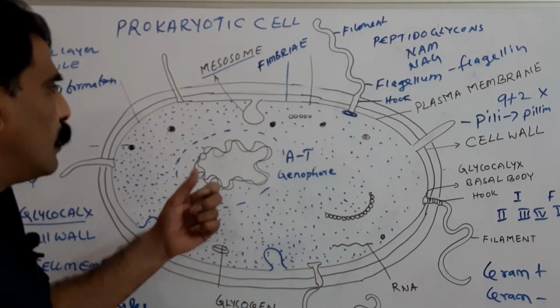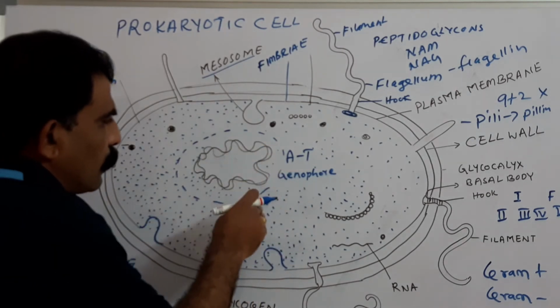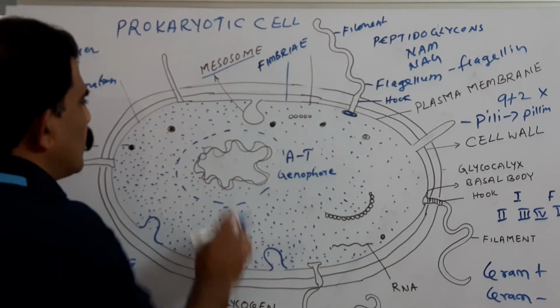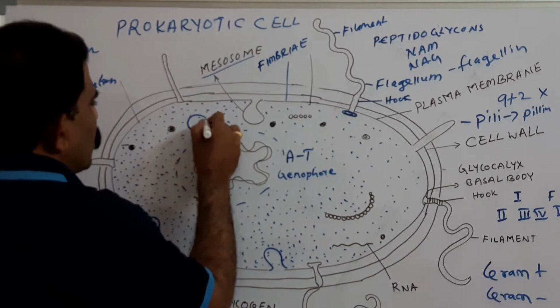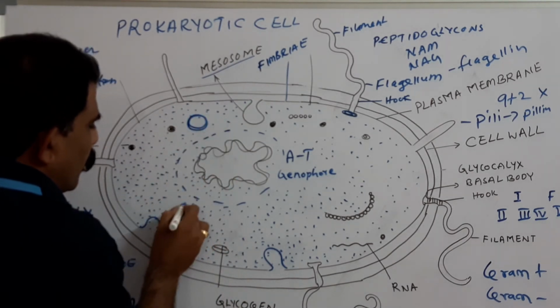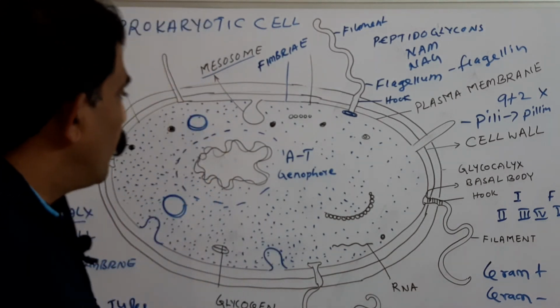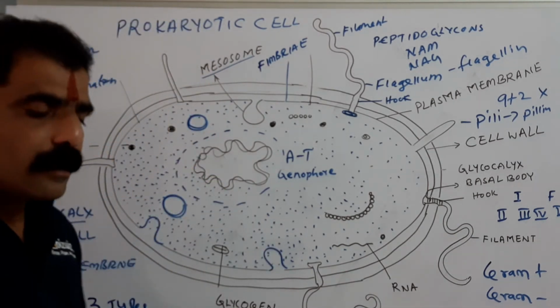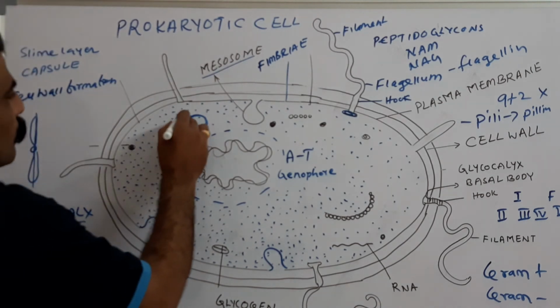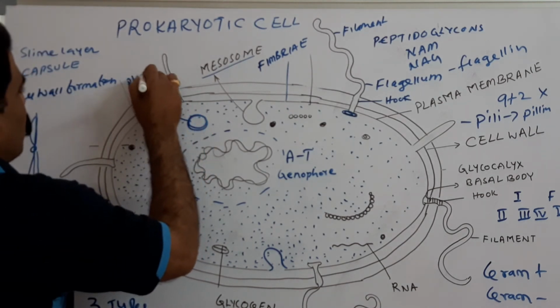In addition to this genophore, some double-stranded, circular extranuclear DNA is also present here and there. These extranuclear DNAs are called plasmids.